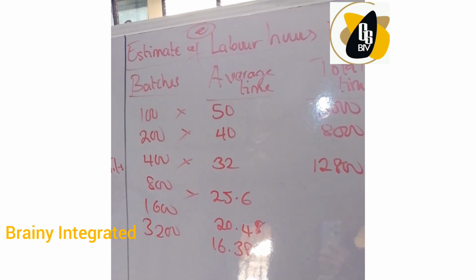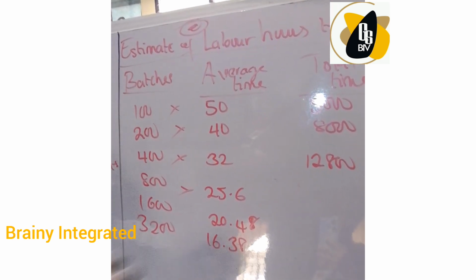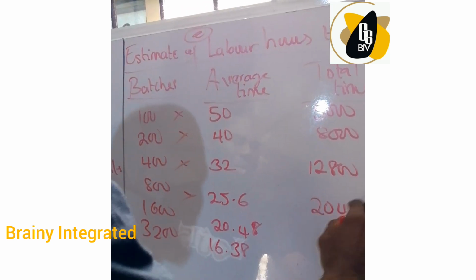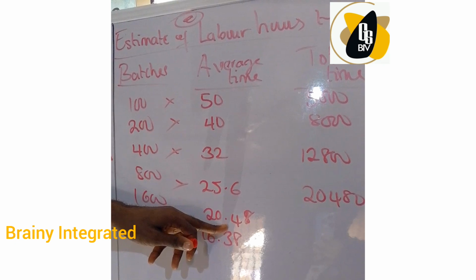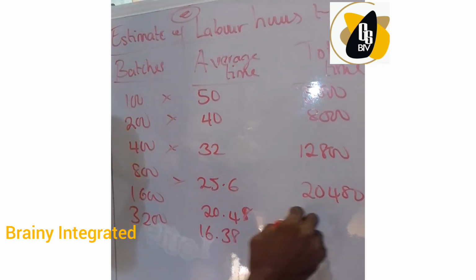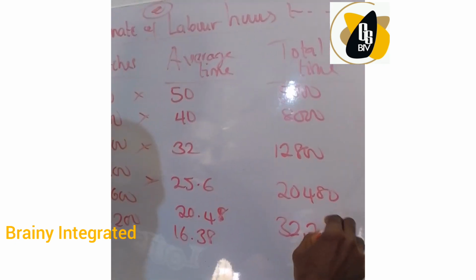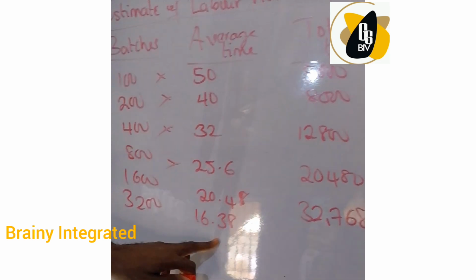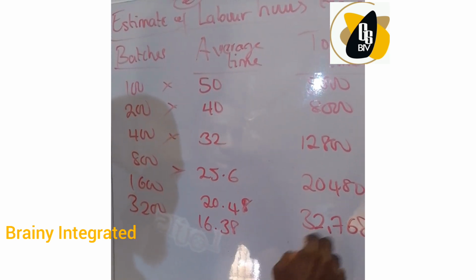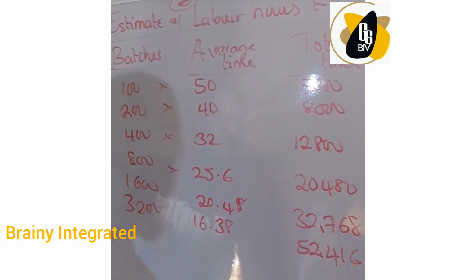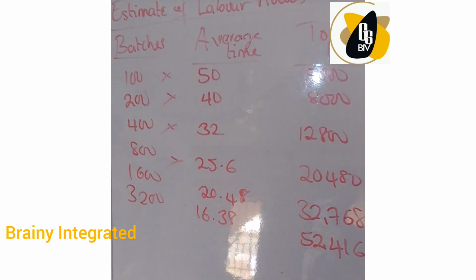Okay, we have not done this. This is 20,480. This multiplied by this will give us 32,768. And this multiplied by this will give us 52,416. Alright?